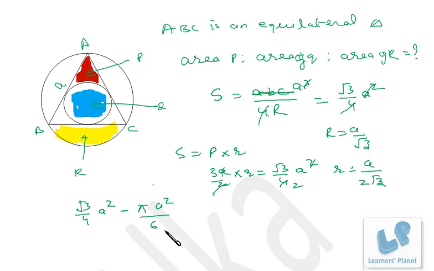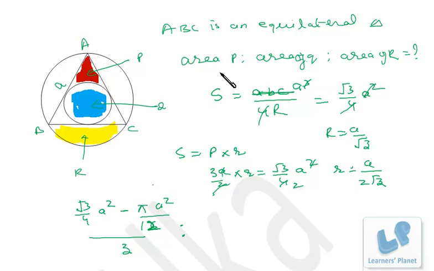And 1/3 of this. Okay, this is the area of this portion. From this triangle I have deducted this circle. So root 3 by 4 A square, that is the area of this equilateral triangle, minus pi A square by, sorry, I've written this 3 into 4, it must be 12. Okay.